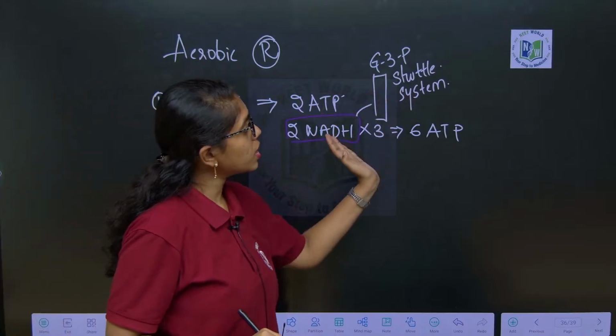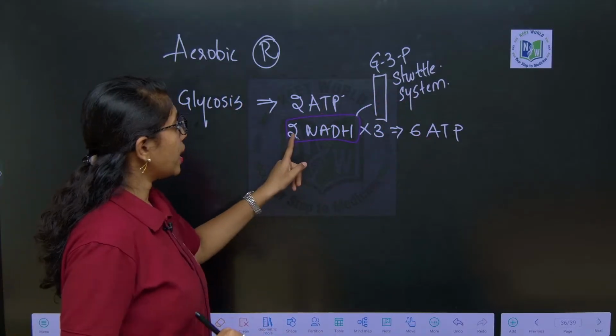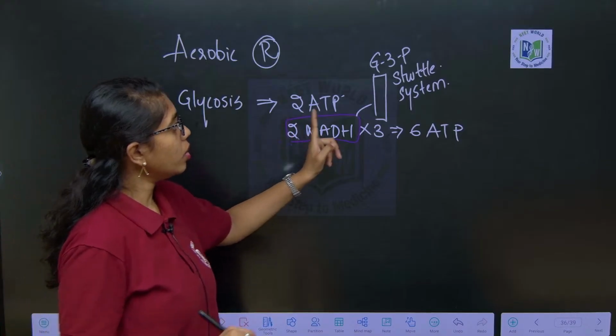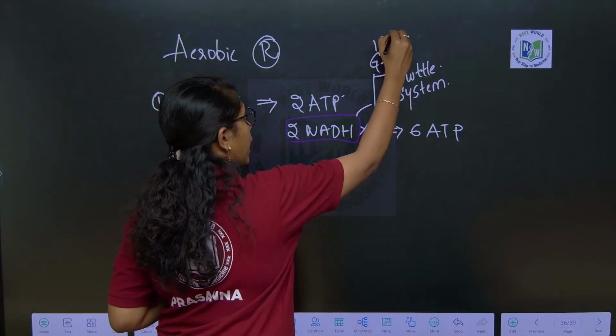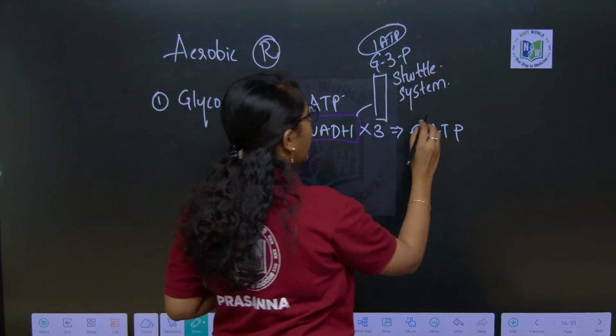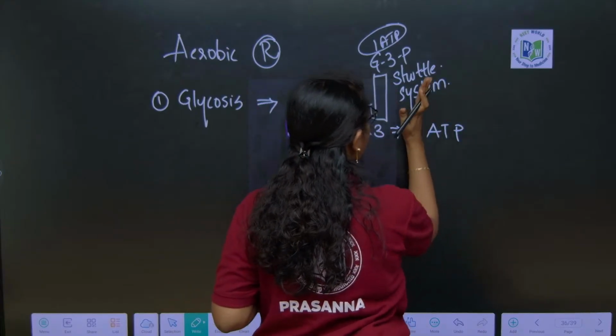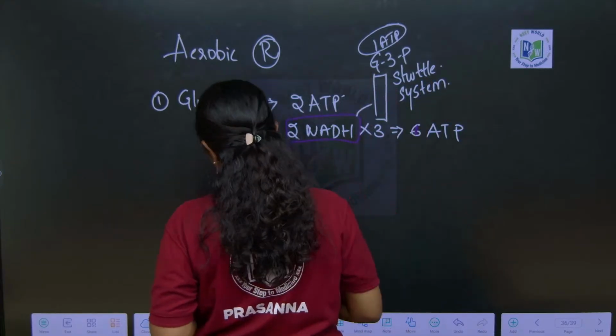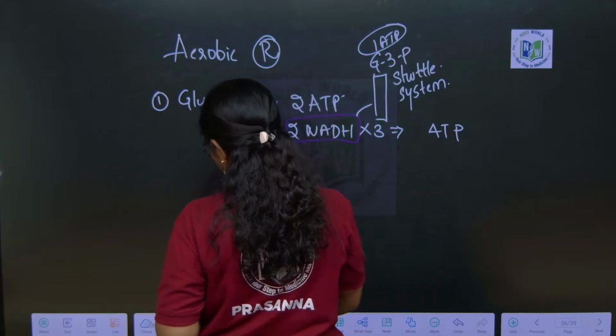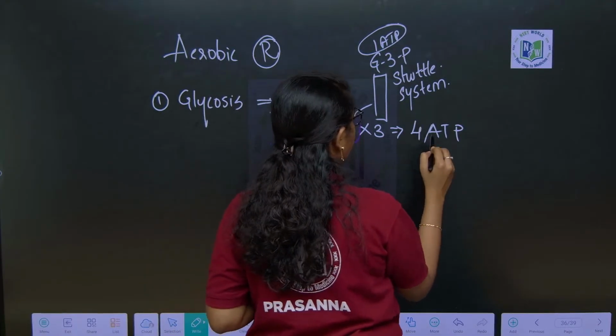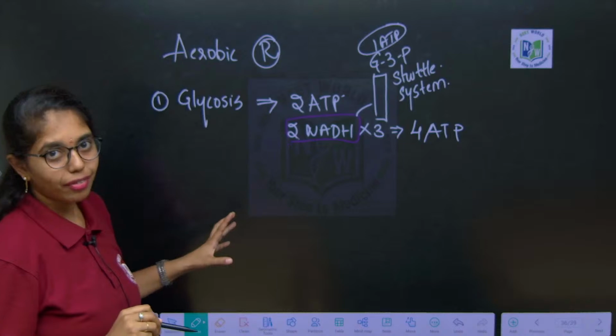The energy is being delivered, that is, for one NADH molecule it will utilize 1 ATP. So in total we have to eliminate 2 ATP here as they are being utilized by the G3P shuttle system, leaving 4 ATP in total. I hope you have understood.